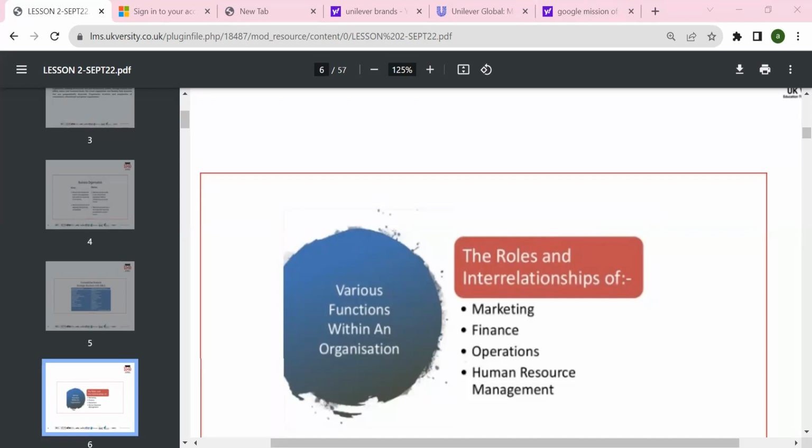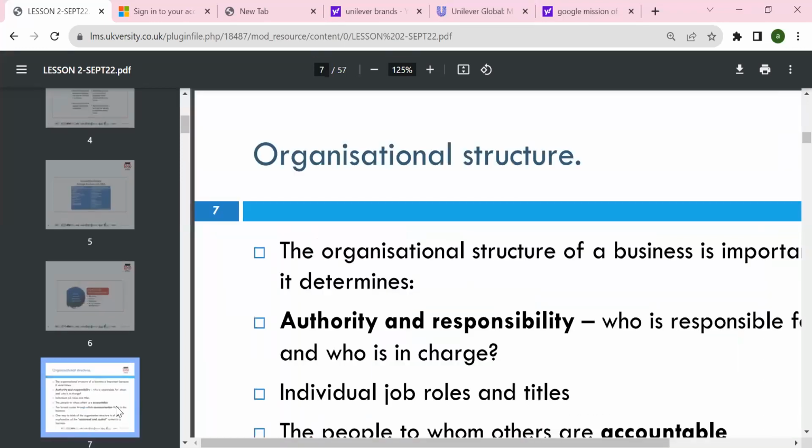So if you want to be successful, we have to work together. That's simple. In a team, we all work together, and all the departments work together as functional areas. They have a relationship. And if we do not work as a team, we do not achieve the key objectives of the organization.